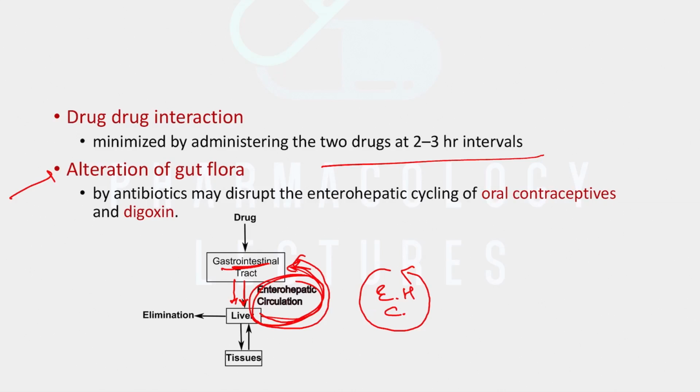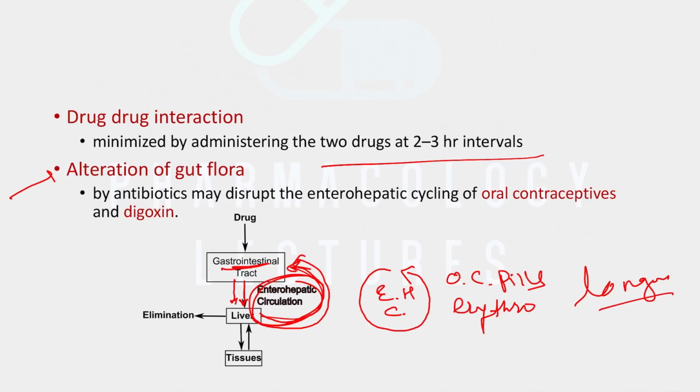A few drugs undergo enterohepatic circulation, for example OC pills and erythromycin. Because of this circulation, they remain in the body for a longer time, so their action gets lengthened.